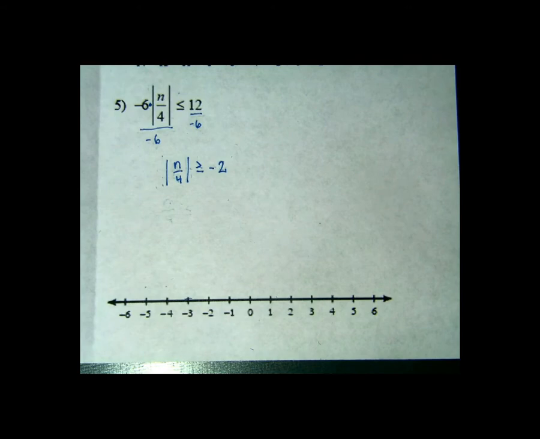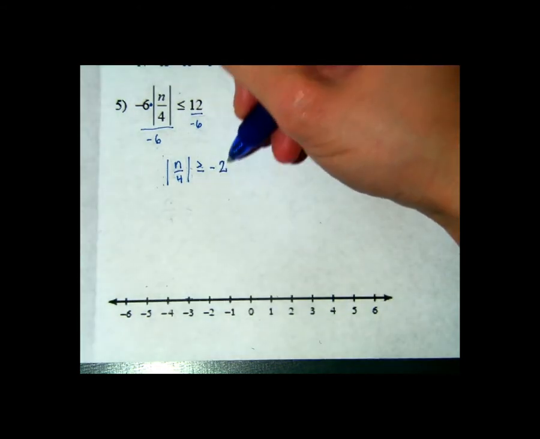If you remember from absolute value equations, a negative number kind of seems like a problem. We had no solution when that happened before, but we need to think this through.